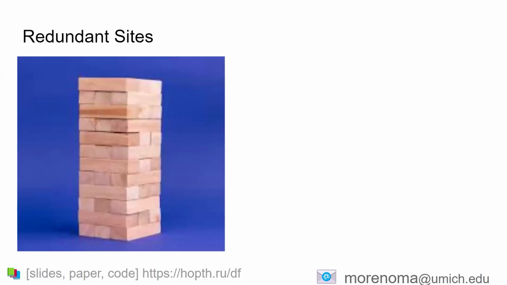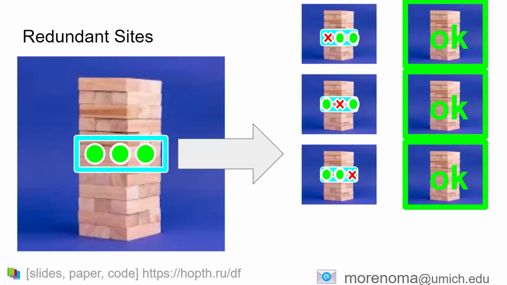To talk about the first mechanism through which sites might manifest as cryptic, we'll return to our Jenga metaphor and talk about redundancy. I think most people who've played a game of Jenga are familiar with the concept of the blocks within a single layer of the tower being functionally redundant, where you can take out any one block and not have a detectable fitness effect.